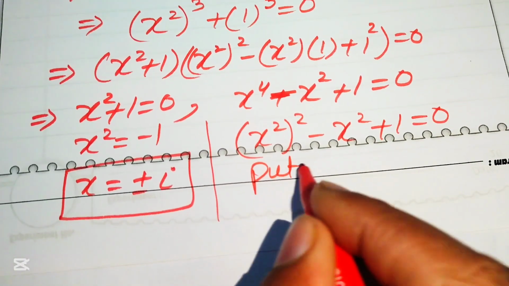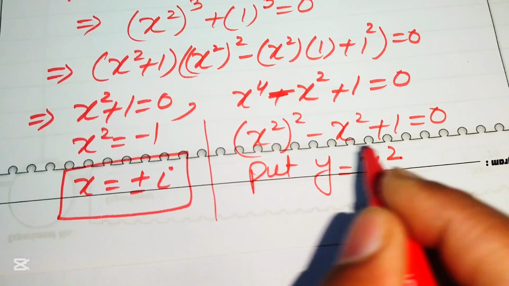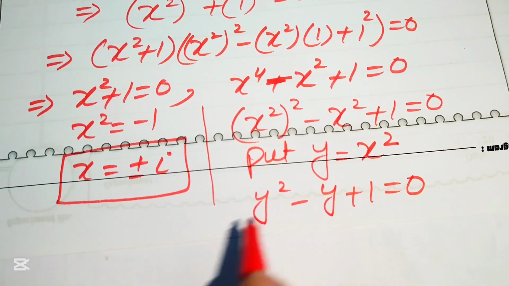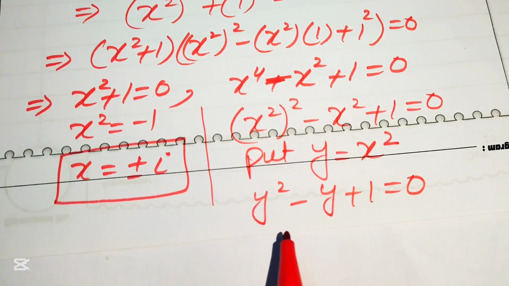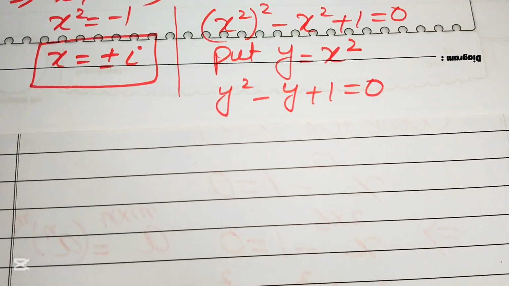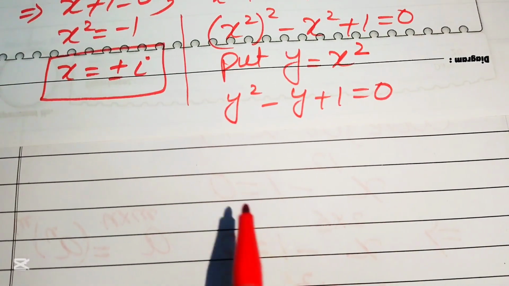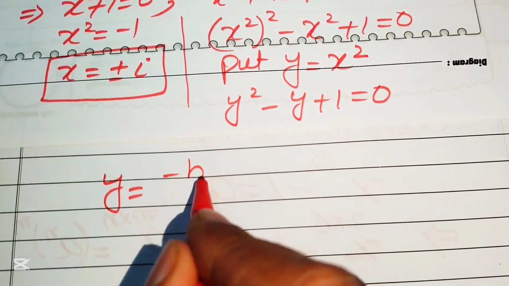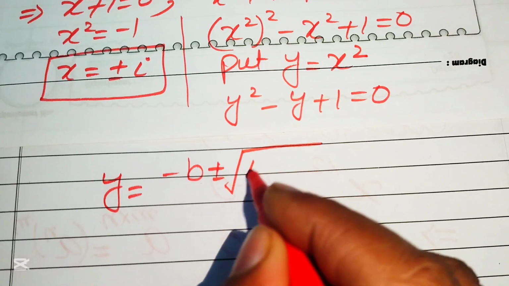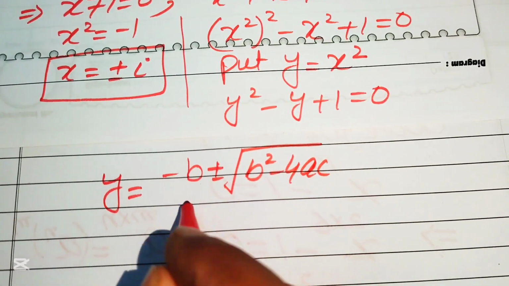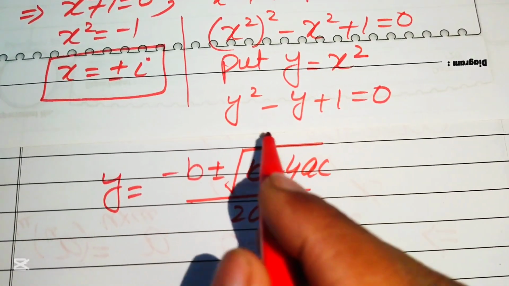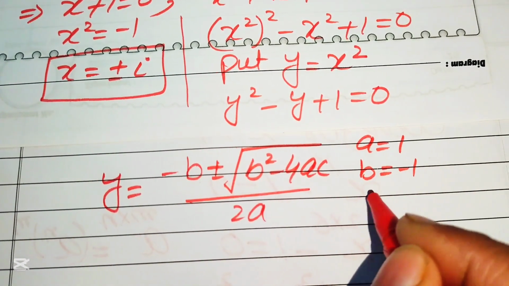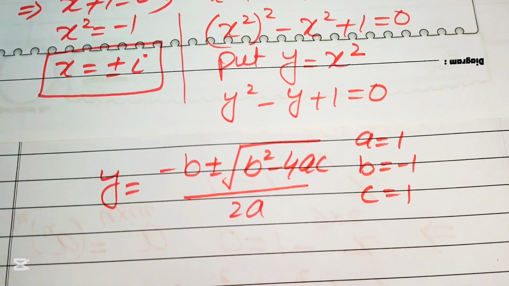If we put y equals x squared, this equation becomes y squared minus y plus 1 equals 0. Now we need to solve this quadratic equation, so we again use the quadratic formula: minus b plus minus square root of b squared minus 4ac, divided by 2a. Here the values of a, b, and c are a equals 1, b equals minus 1, and c is also equal to 1.